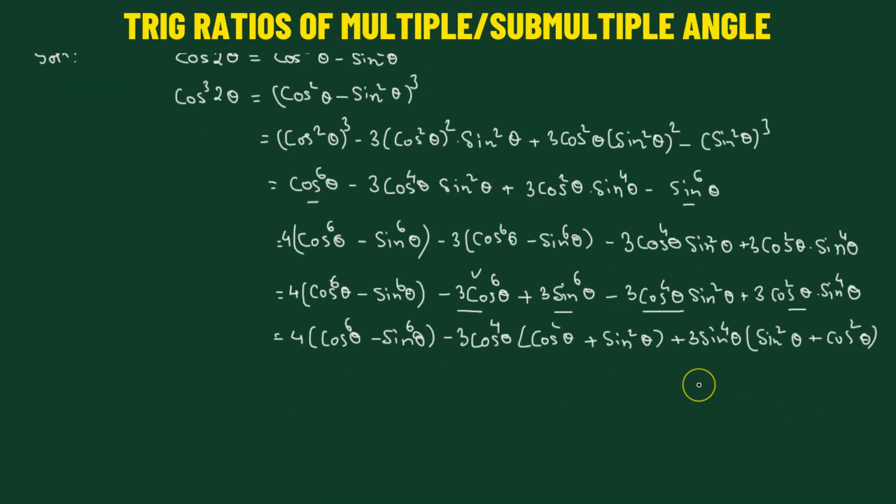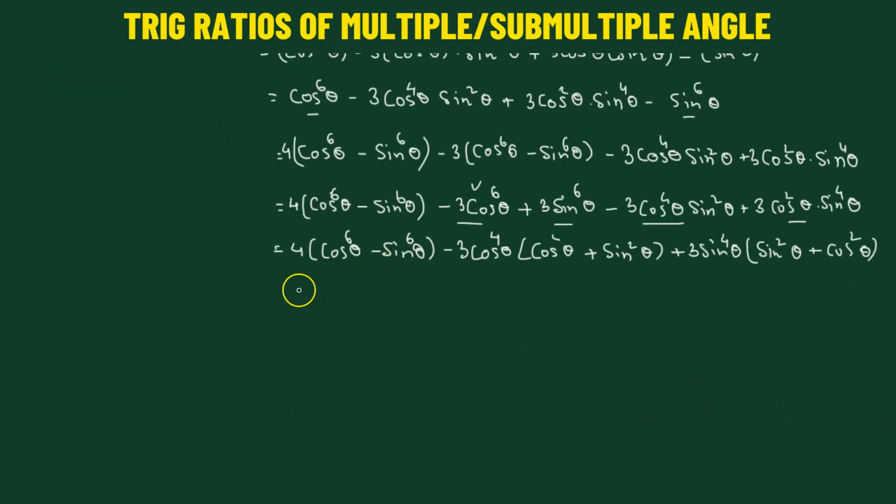Now, we know that sine squared theta plus cosine squared theta, that's a standard identity with a value equal to 1. We'll be getting 4 times cosine of theta raised to the power of 6 minus sine theta whole raised to the power of 6, minus 3 times cosine theta whole raised to the power of 4. So this will be 1 plus 3 times sine theta raised to the power of 4. Fine.